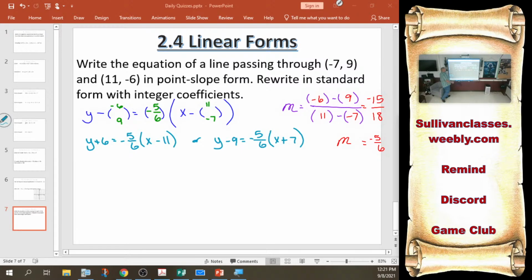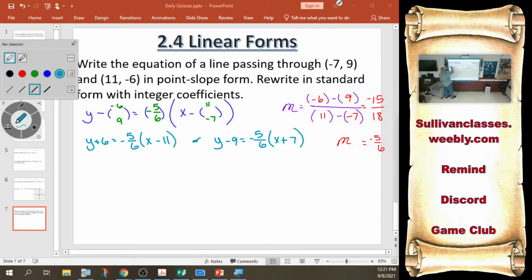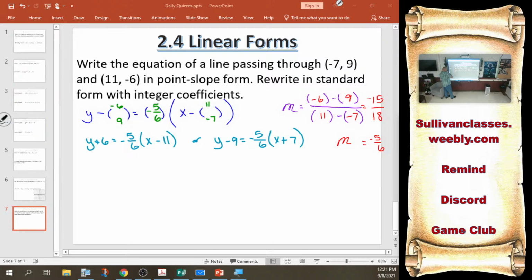After that, to turn it into standard form, you can use either one. I'm not going to do it both times. I'm just going to roll with it as is. We'll distribute. I'll get variables on one side, constants on the other. If I subtract 6, well, that's 36 sixths.